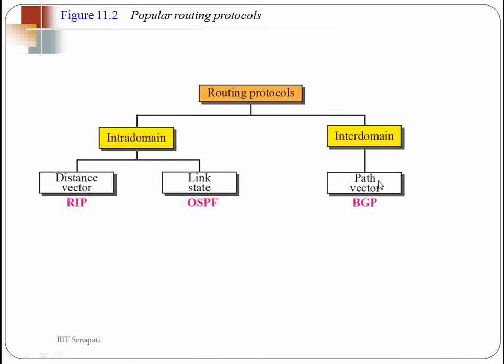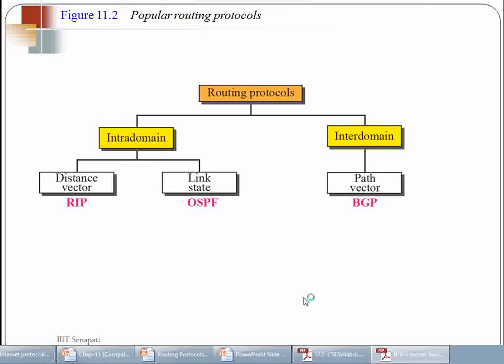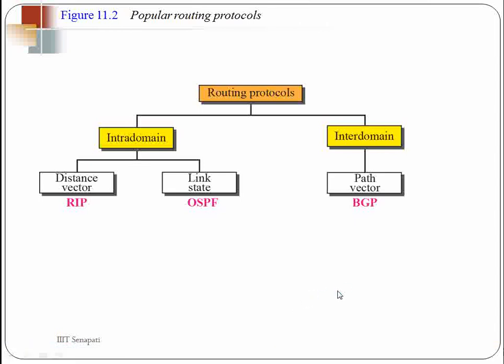It is based on the path vector routing protocol. In the coming videos we will see all these routing protocols. For now we will see the next things in the next video. Thank you.